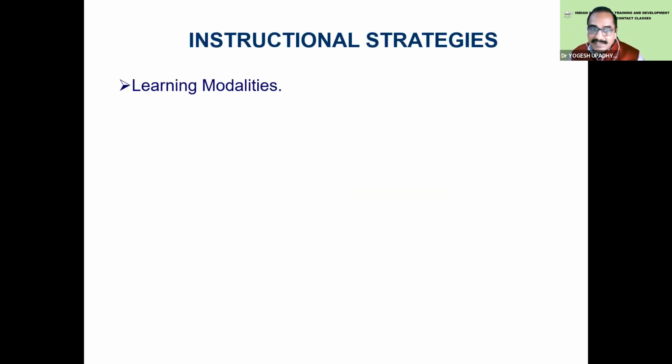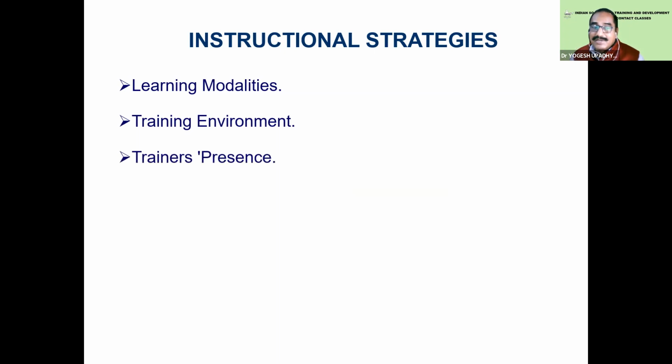Now, when we make a strategy, we decide on learning modalities: how learning will take place, what the training environment should be, and what type of things you need in it. Trainer's presence, whether it is required full-time or part-time, or proximity, whether you are going to have distance learning, like now you are learning online. Earlier we used to have different classes on chapters. Even though chapters were running online, it was up to you to join any class.